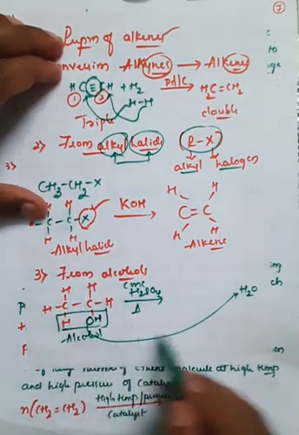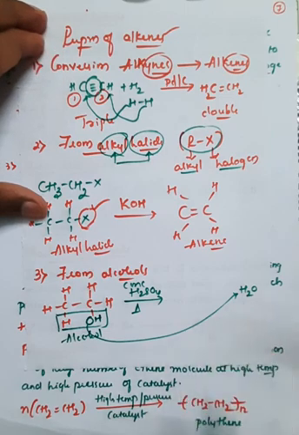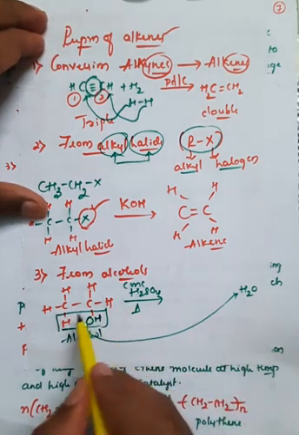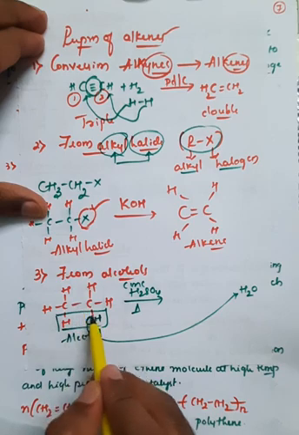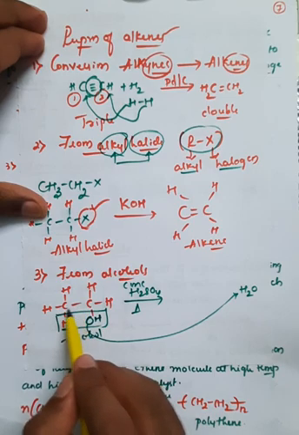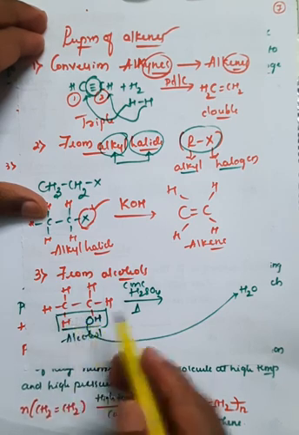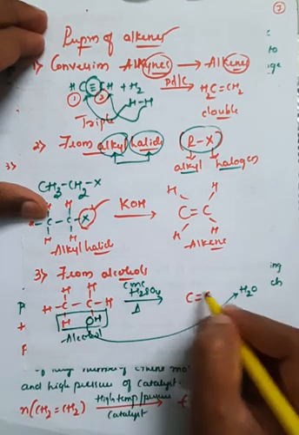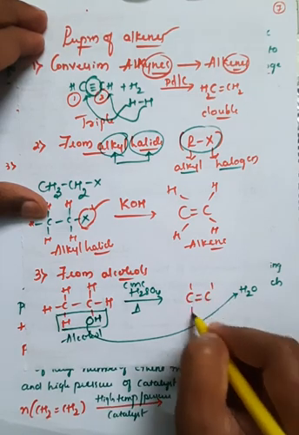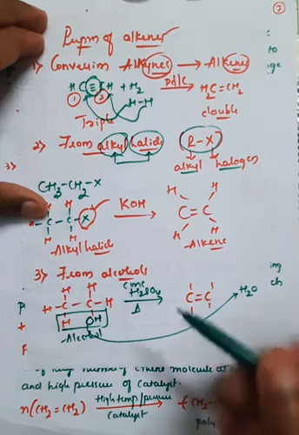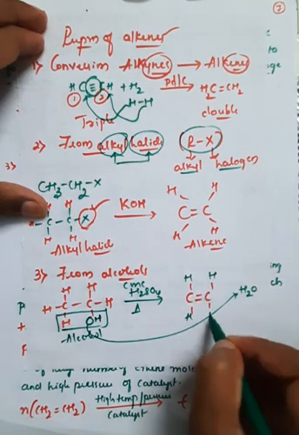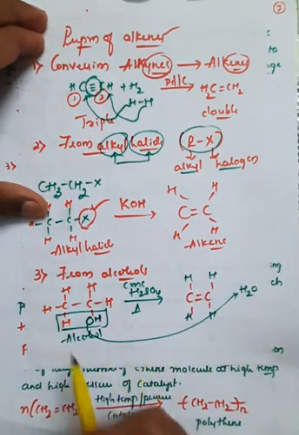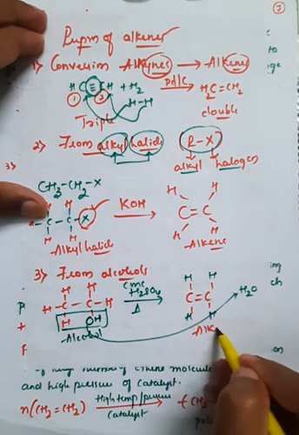The remaining will convert, because there is a breaking of 2 bonds, the carbon-carbon single bond is converted into a double bond, and hydrogen atoms are formed. This is generally called the conversion of alcohols into alkenes.